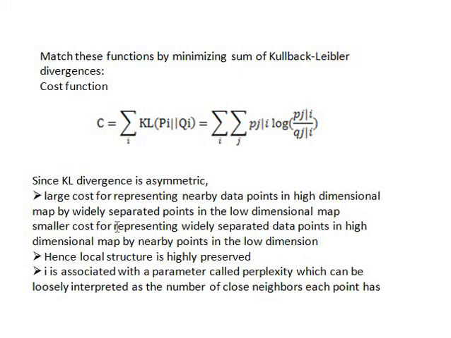That's why, to tackle this problem of preserving distances, we have to go for this cost function. Let's say as an example, when we have two data points in the high dimension, the distance between these two data points is 0.5, but in the low dimension space its distance is 0.7.